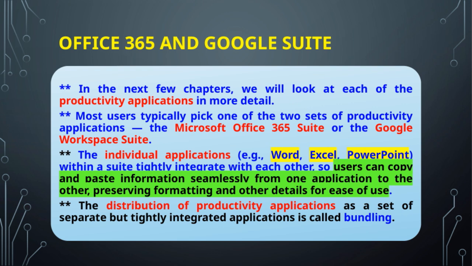Both platforms support seamless sharing and editing, which helps teams stay synchronized and productive. Choosing between them often depends on organizational needs, existing infrastructure, and personal preferences. Understanding the features and differences of Office 365 and Google Suite is crucial, because it shapes how teams communicate and collaborate effectively in today's digital workplace.